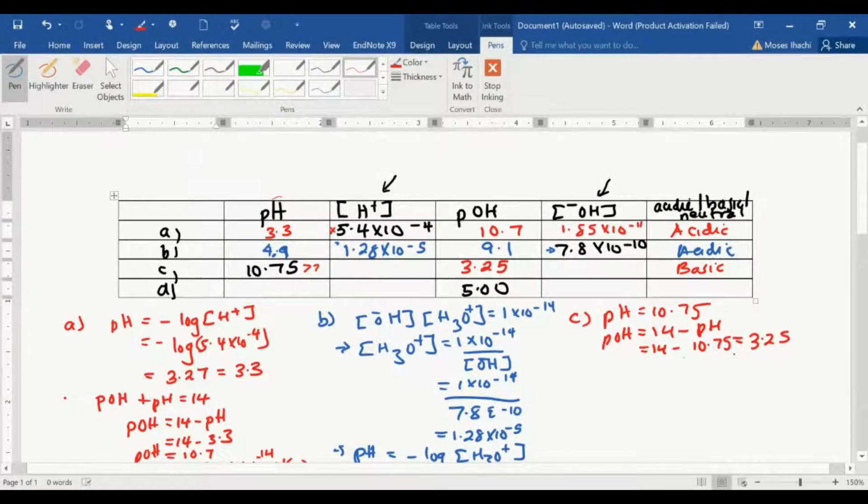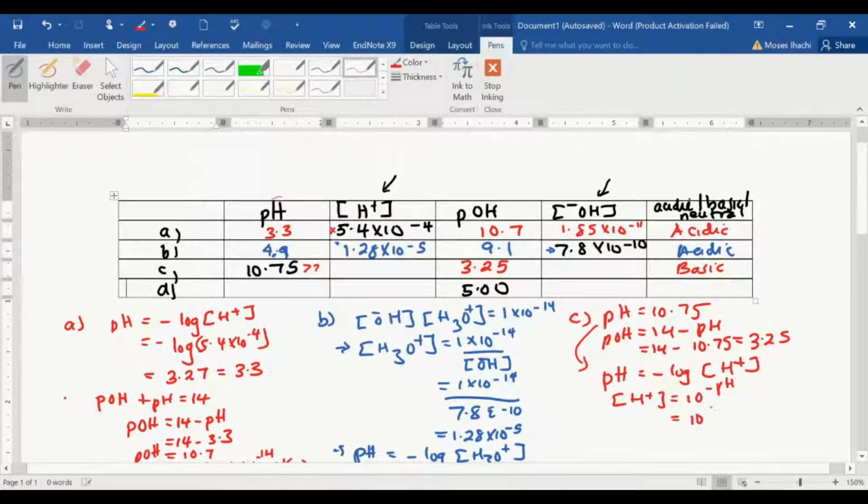Now let's use pH to find the concentration of the acid. pH equals negative log concentration of the acid. So the concentration of the acid will be equal to 10 to the power negative pH, or the antilog of negative pH.